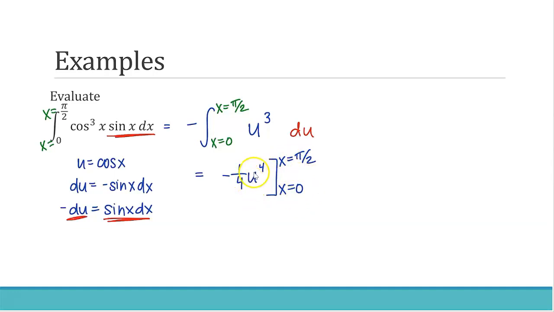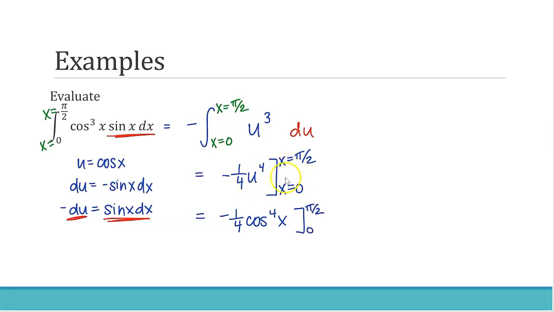So what you would do then is put u back in, just like when your indefinite integrals were done. So you would do negative 1/4 and then cosine to the fourth of x, evaluated from 0 to pi over 2.